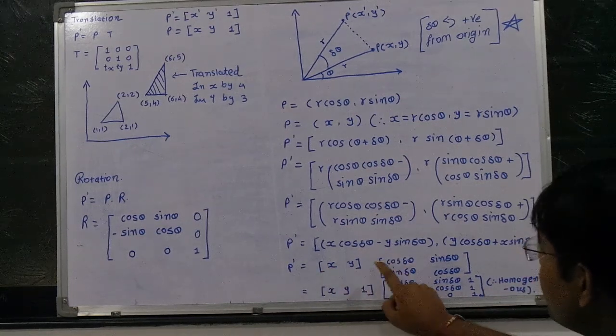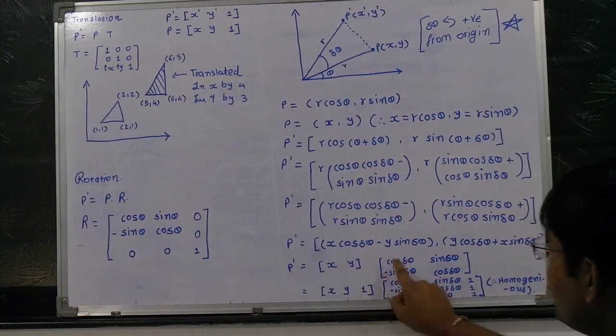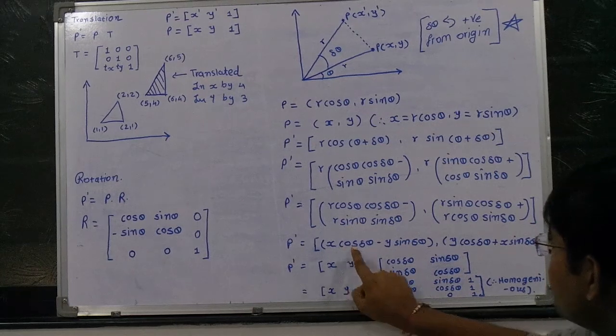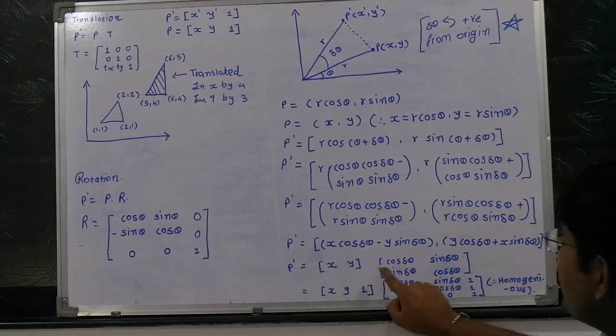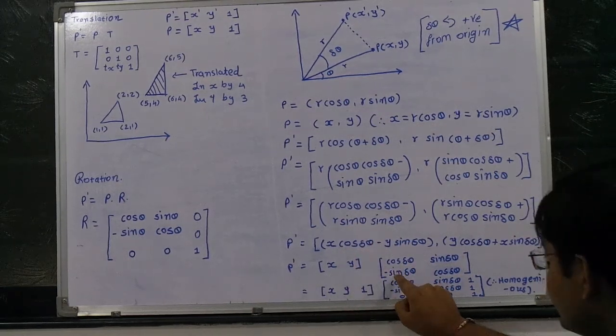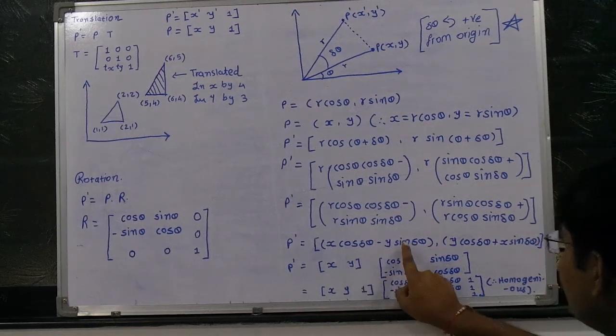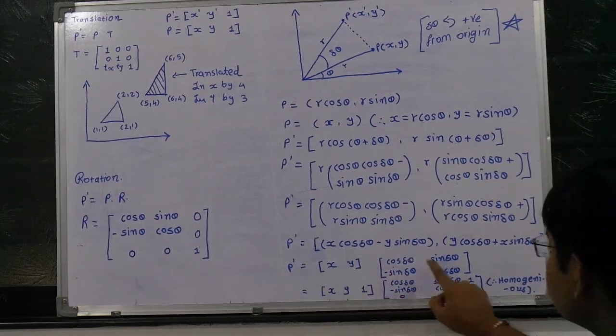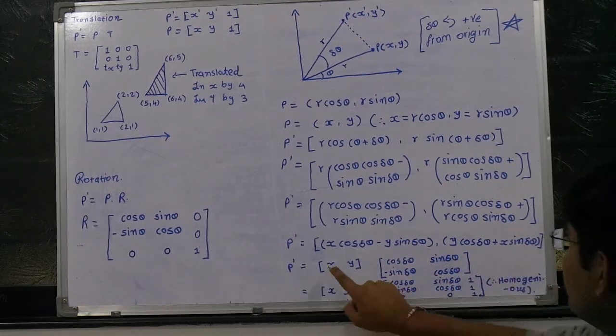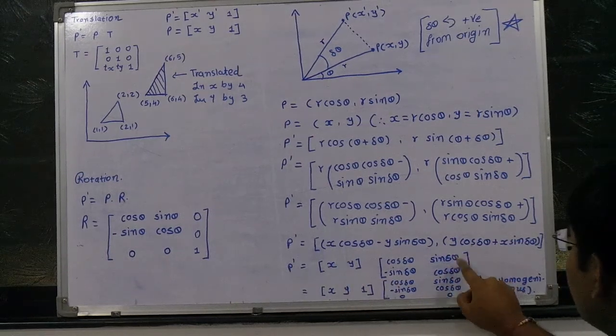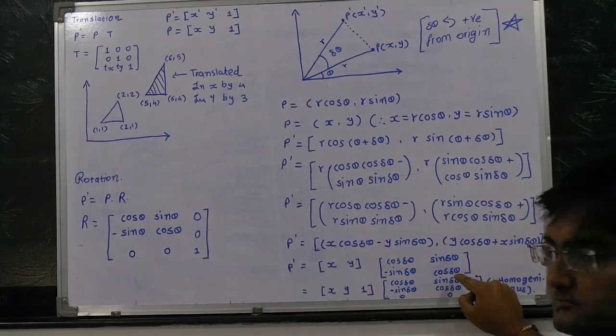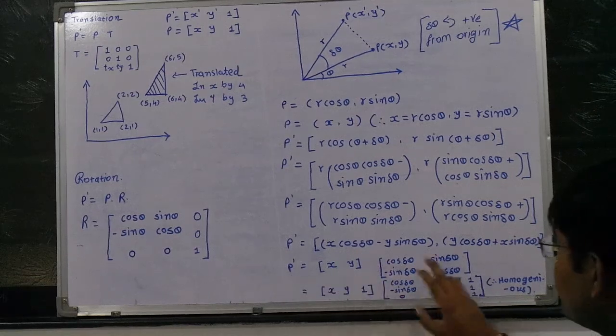Generally the multiplication is done in this manner: x cos delta theta minus y sin delta theta, and x sin delta theta plus y cos delta theta. So this is the matrix obtained.